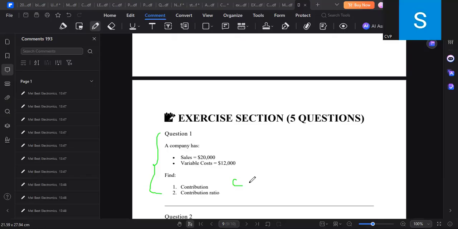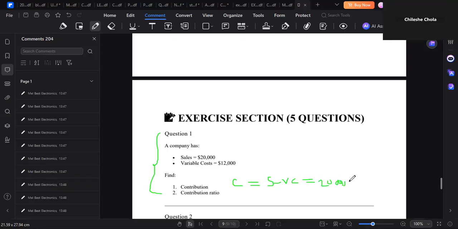So what is our sales? 20,000. And variable cost? 12,000. What do we get? 8,000. Correct.